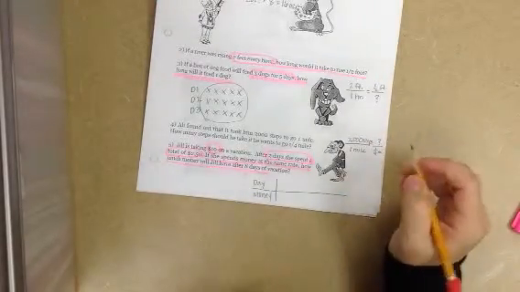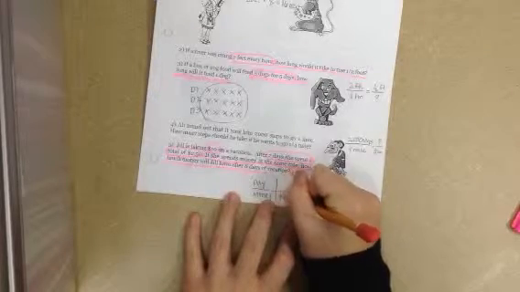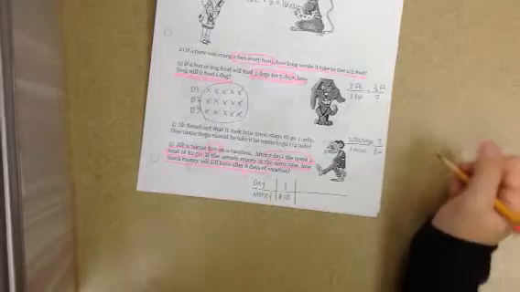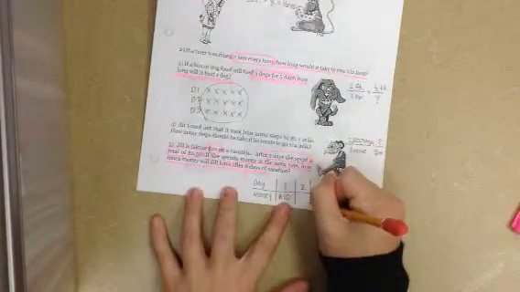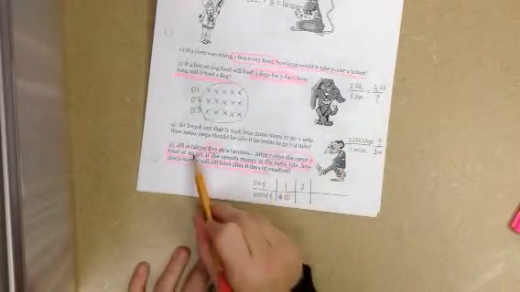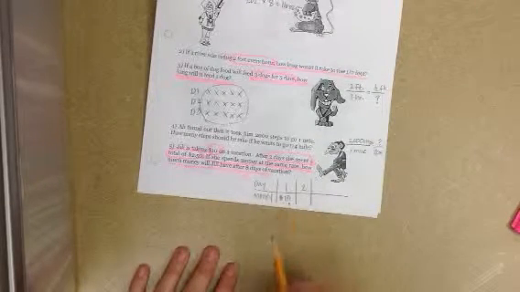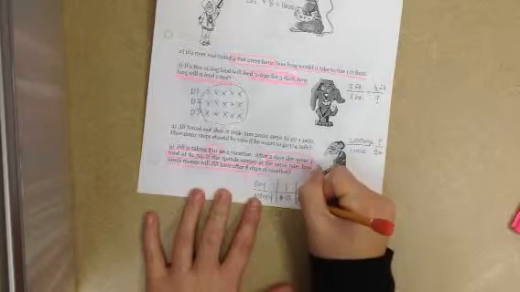If Jill starts out with $10 on the first day, and it says after 2 days she has spent $2.50. Well, $10 minus $2.50 would be $7.50.